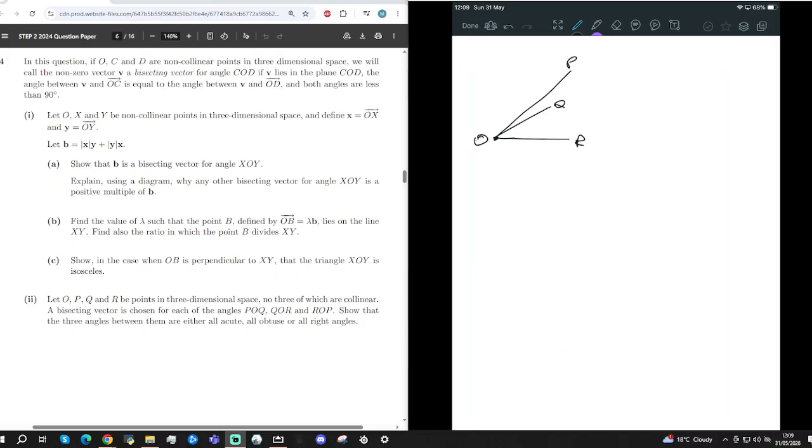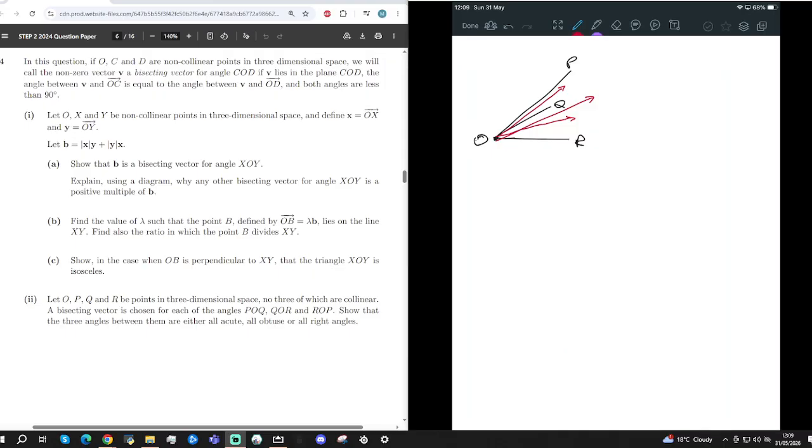A bisecting vector is chosen for each of the angles. So we have a bisecting vector in each of these. And now it's incredibly impossible to draw these all and keep the visualization going. Show that the angles between them are either all acute, all obtuse, or all right angles.